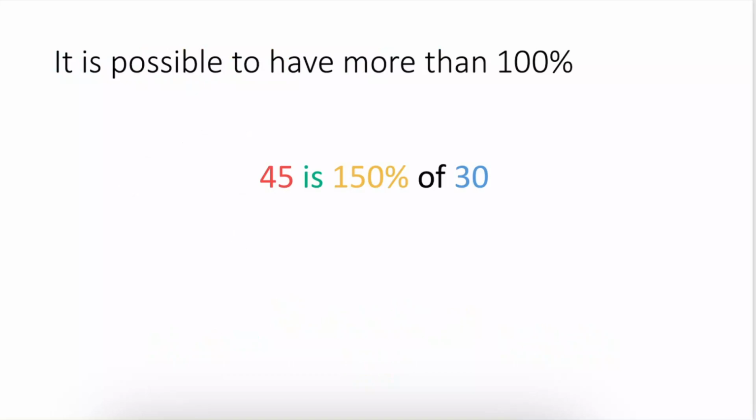And when you're solving percentage problems, it is possible to have more than 100%. For example, you could have 45 is 150% of 30. This is reasonable because 150% means you have 150 out of 100, and this is equal to 45 over 30.